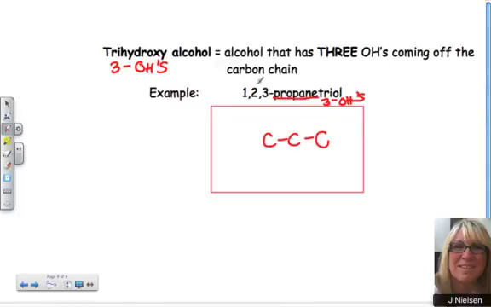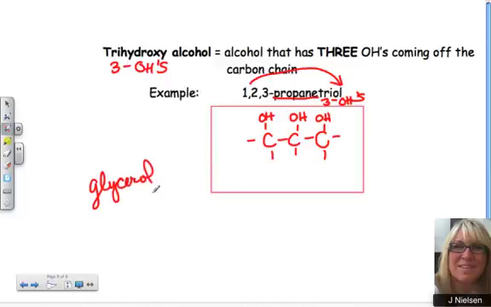And this gives us the location. We have an OH on the first one, an OH on the second one, and an OH on the third one. And the rest of these are H's. 1,2,3-propanetriol. This is also known as glycerol, a common name for this.